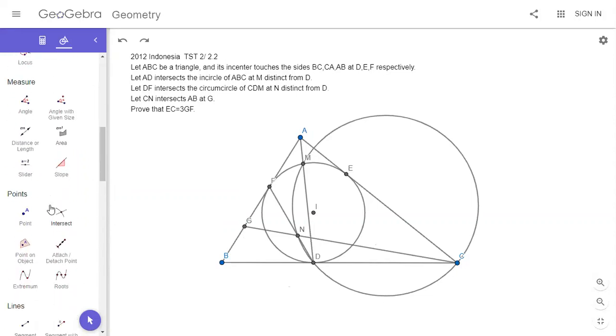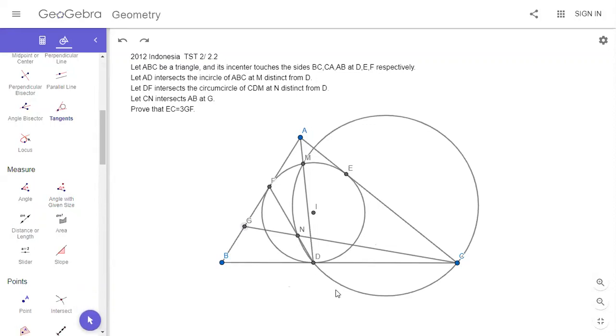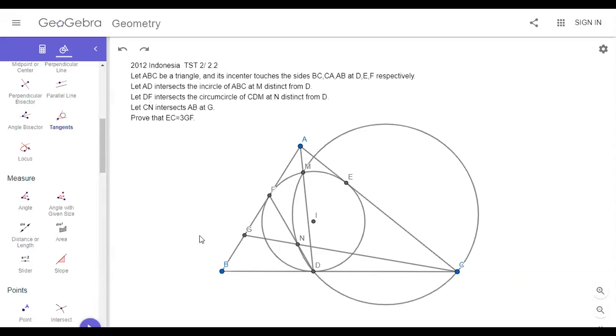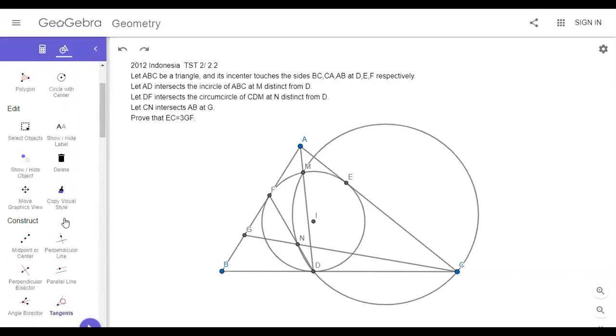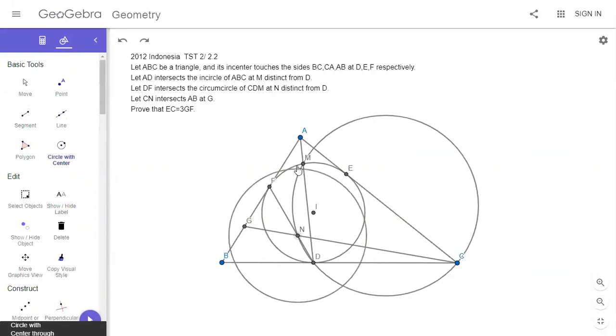Let's see. Take midpoint of CG and prove something. Sounds like an interesting idea. NM equals NG. I think NM is longer than MG. We could try it out though.